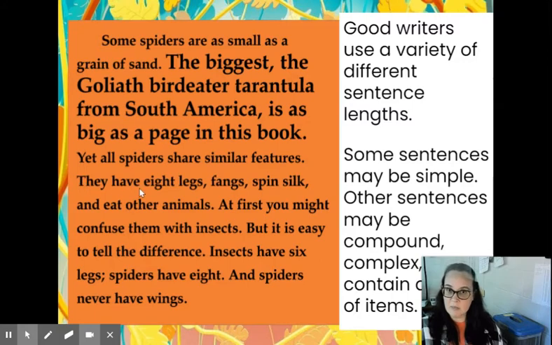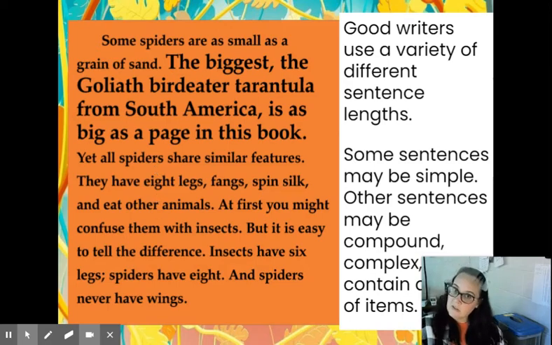Items in a series. Remember, items in a series are where we have multiple items in a sentence and they have to be separated with commas. The author added that here. They have 8 legs, comma, fangs, comma, spin silk, comma, and eat other animals. So there is an items in a series.